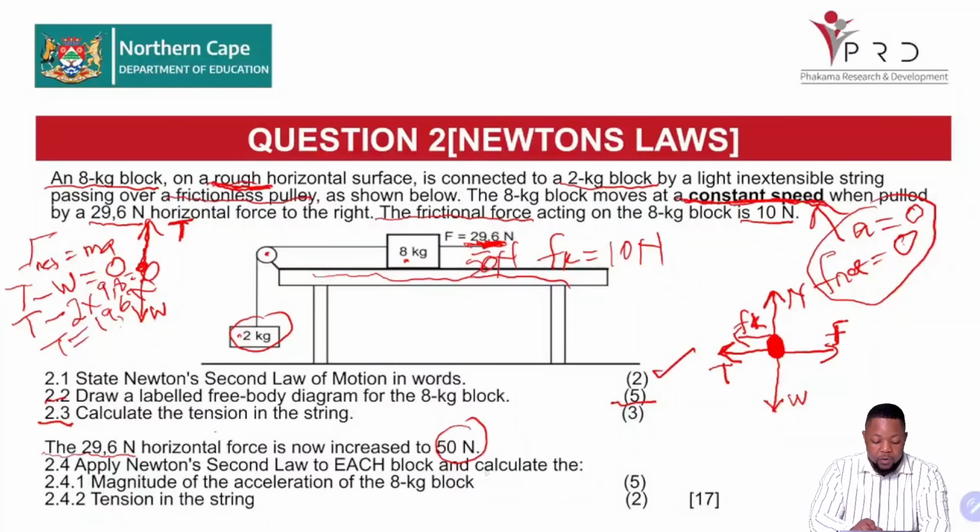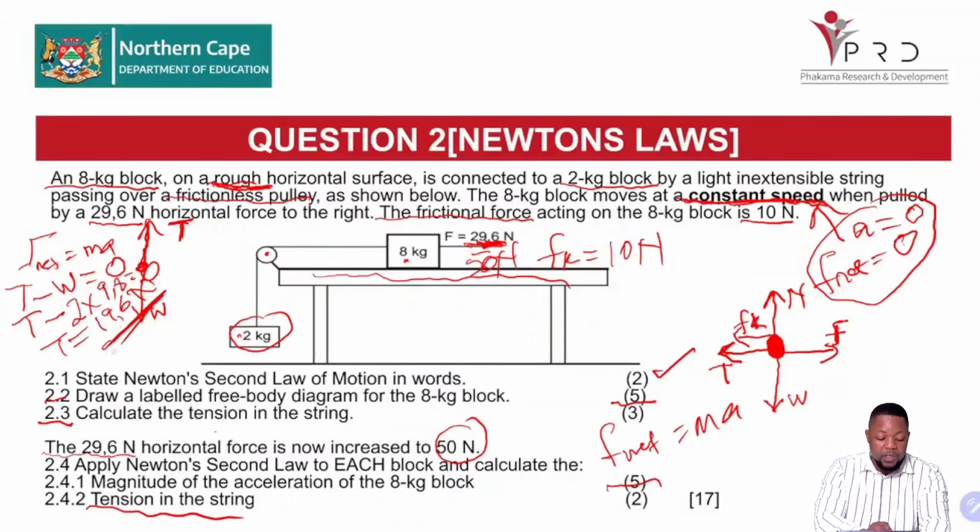Apply Newton's second law to each block and calculate the magnitude of the acceleration. You will get 1 mark here for saying F net is equal to ma. And then eventually now we want the tension. We did calculate the tension earlier of 19.6, but it was moving at a constant velocity. Now that it's accelerating, the tension is going to increase.